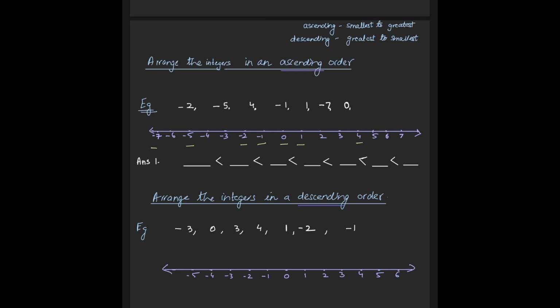Okay, so now what is to the leftmost will obviously come first because that is the smallest. So let me arrange. So negative 7, negative 5, negative 2, negative 1, 0, positive 1 and positive 4.